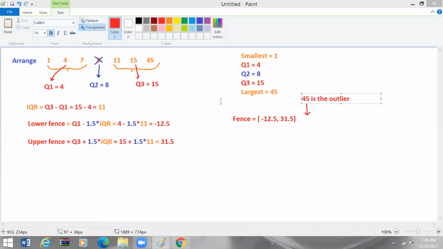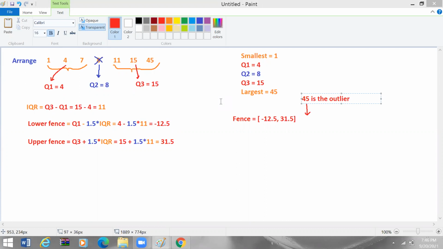So the whole point of setting up the IQR is that we take the 50% middle chunk of the data set. This middle chunk is very important because it's going to be the representation of the entire data set. Then we multiply by 1.5 to make it even bigger, to 75%, and then we subtract from Q1.